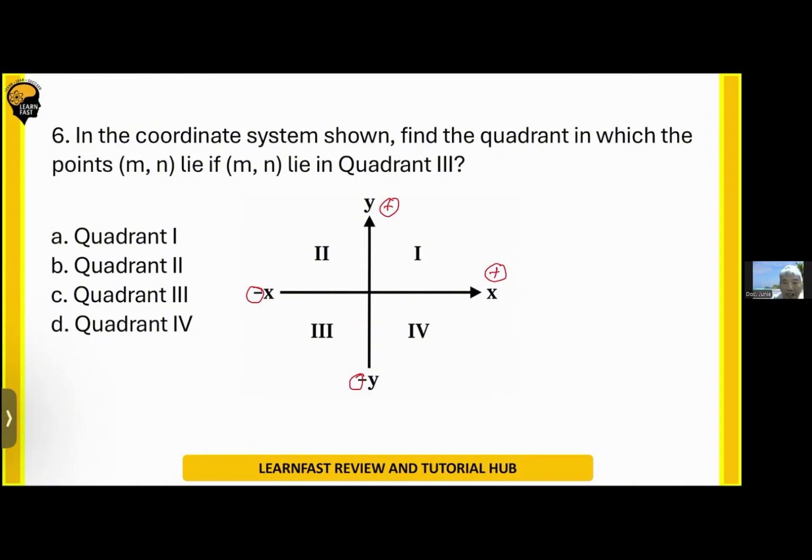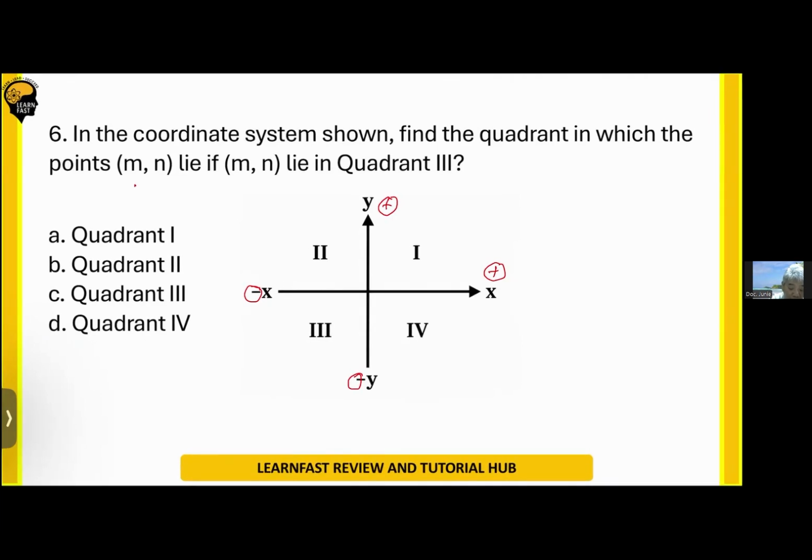It is inferred here that M is positive, and N here is also positive. So if M and N lie in quadrant 3, here you have M and N. Since it is in quadrant 3, M is negative and N is also negative.